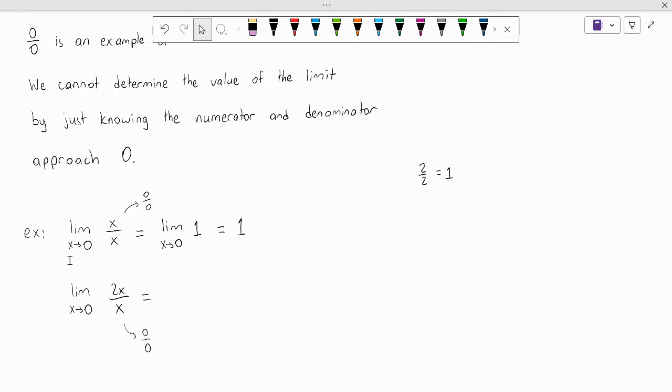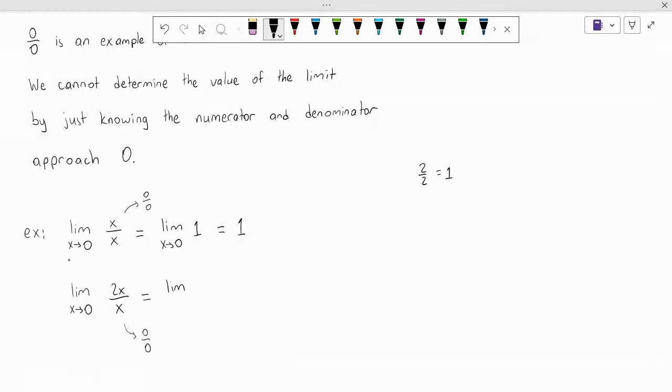Okay. Now, this second limit here is basically the same as the first one, except I put an extra 2 in the numerator. So again, if you try to plug in 0 for x, it gives you this 0 over 0 indeterminate form.